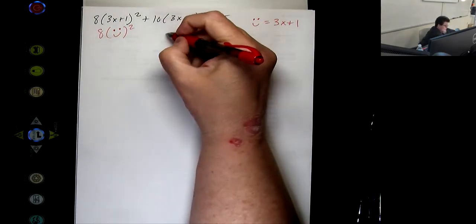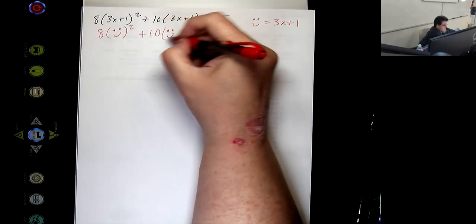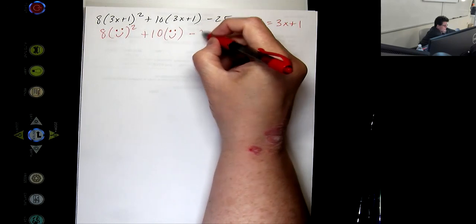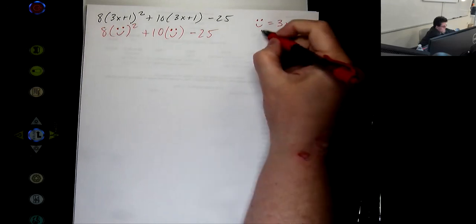I could put a smiley face here. Then I've got plus 10 smiley faces, minus 25. And now this looks like a trinomial. Maybe smiley face doesn't work for you. Maybe use a y.